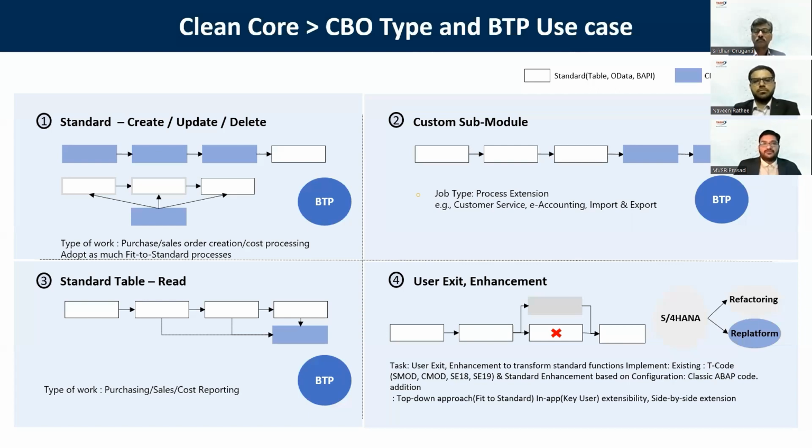So here, if you take the first use case, generally you will be having the colored gray. The dark one is CBOs, custom business objects, and the empty boxes are, let us assume, standard. Which can be considered as tables, or standard APIs, or OData services, or BAPIs, which are there in the standard.